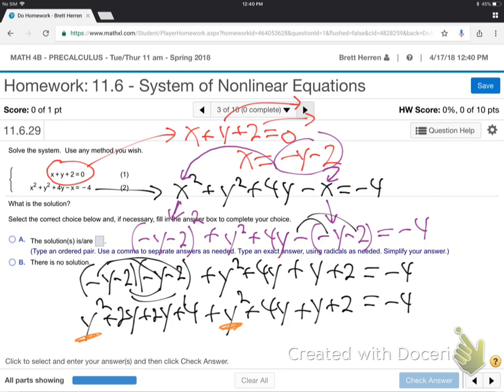Y squared plus y squared. Two y is 4y, 8y, 9y. 4 and 2 is 6.